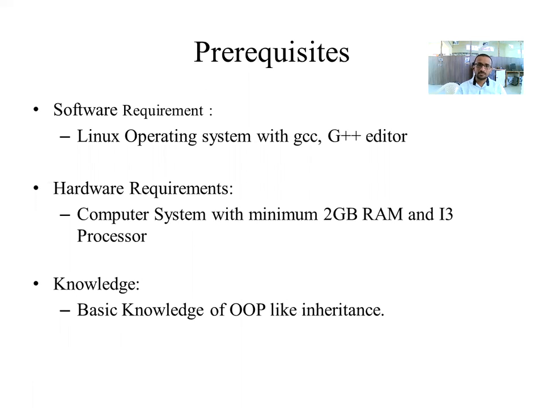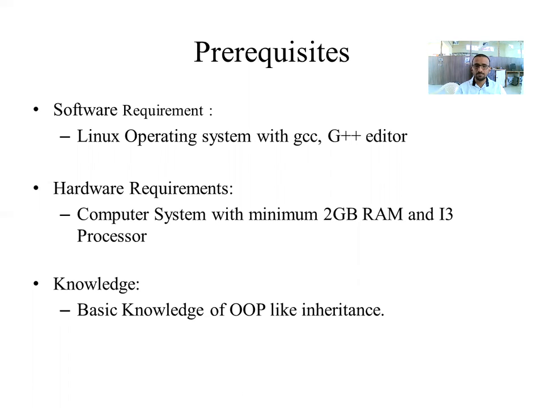Next, we all know what the prerequisites and software requirements are. Obviously, we just have to implement such programs in the Linux operating system with the help of the G++ editor, but due to some problem, we are going to execute these programs in our C++ compiler. Then hardware requirements are a computer system with minimum 2 GB RAM and an i3 processor.